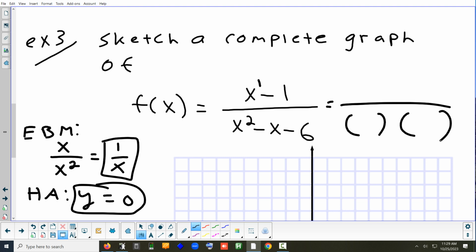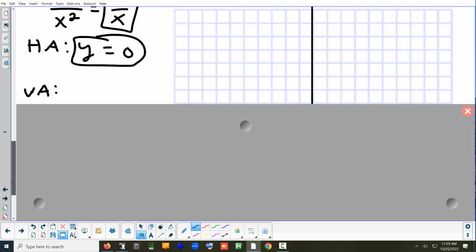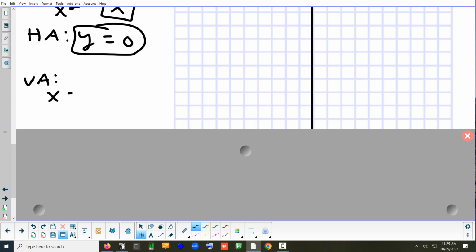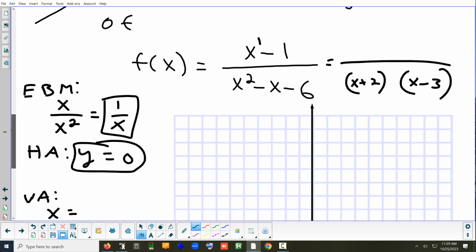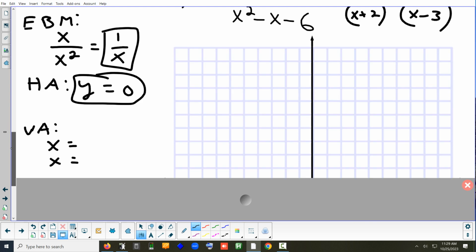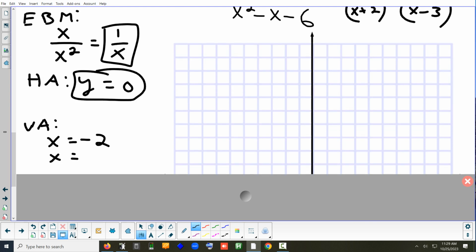How? x plus 2, x minus 3. Yep. Which means how many vertical asymptotes do we have? 2. We have 2. So vertical asymptotes x equals, what's my first one? Negative 2. Positive 3.